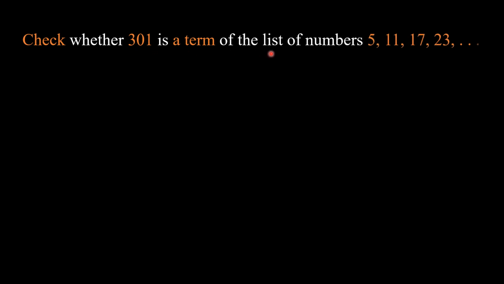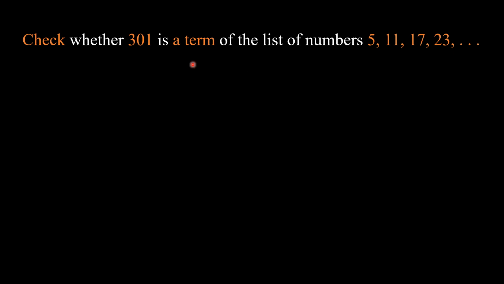Check whether 301 is a term of the list of numbers 5, 11, 17, 23, and so on and so forth. Here we have to find out whether the number 301 belongs to this AP.